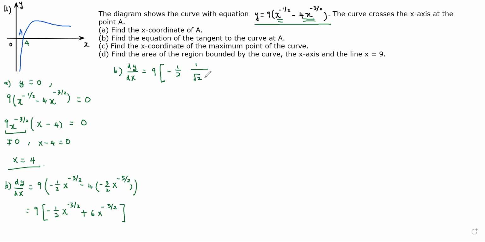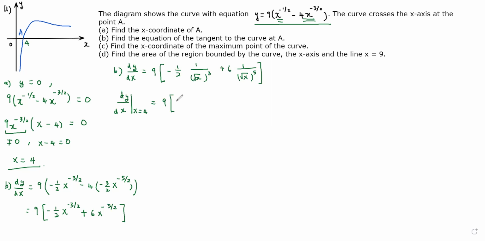Then we have square root of x raised to the 3, plus 6, and then we have 1 over square root of x raised to the 5 here. We find the value of dy dx when x is 4.